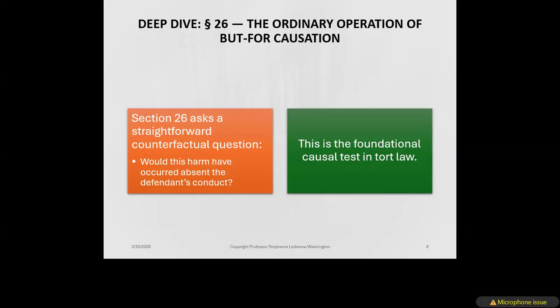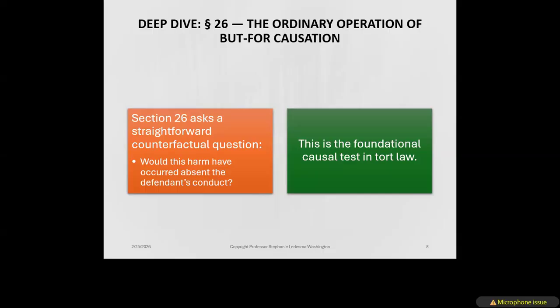You mentally remove the defendant from the story. You rewrite the story without the defendant's negligent conduct. Then you observe whether the injury occurs or not. If the injury still occurs absent the defendant, then the defendant's conduct was not necessary to the outcome, which means you have no factual causation.